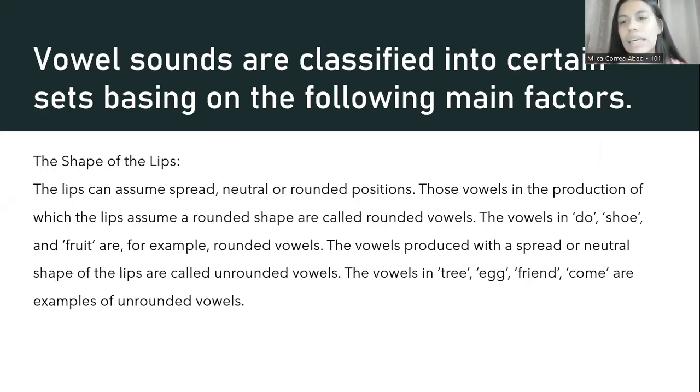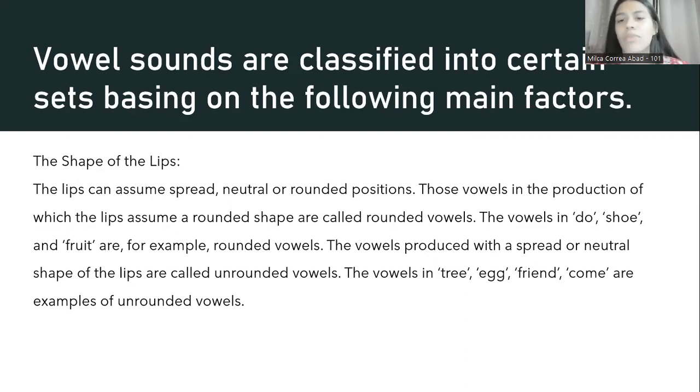Those vowels in the production of which the lips assume a rounded shape are called rounded vowels. For example, we have do, shoe, and fruit, right? As we can see in their mouth, it makes a round shape. It is called rounded vowels.